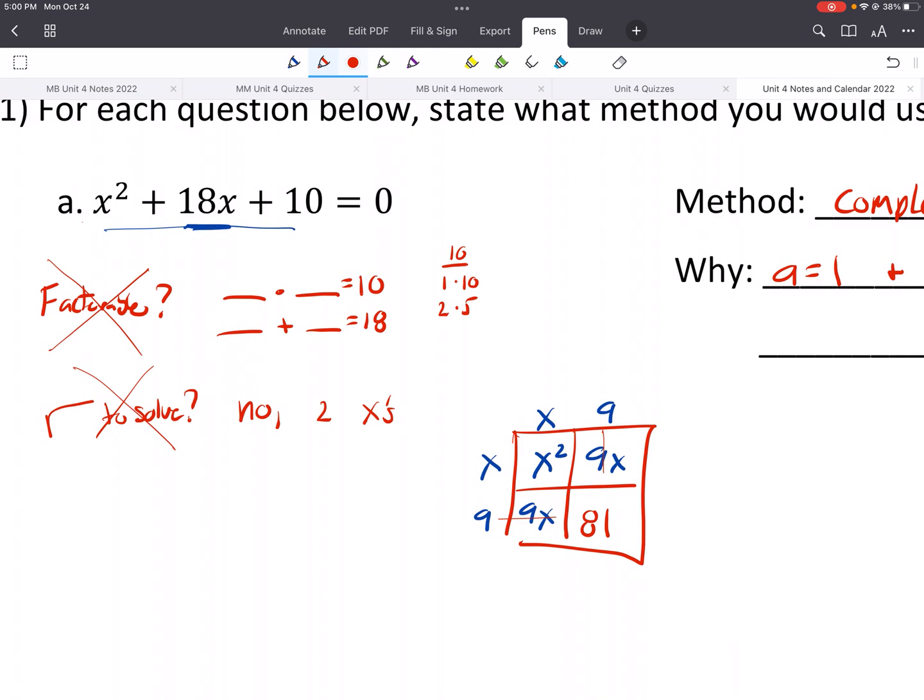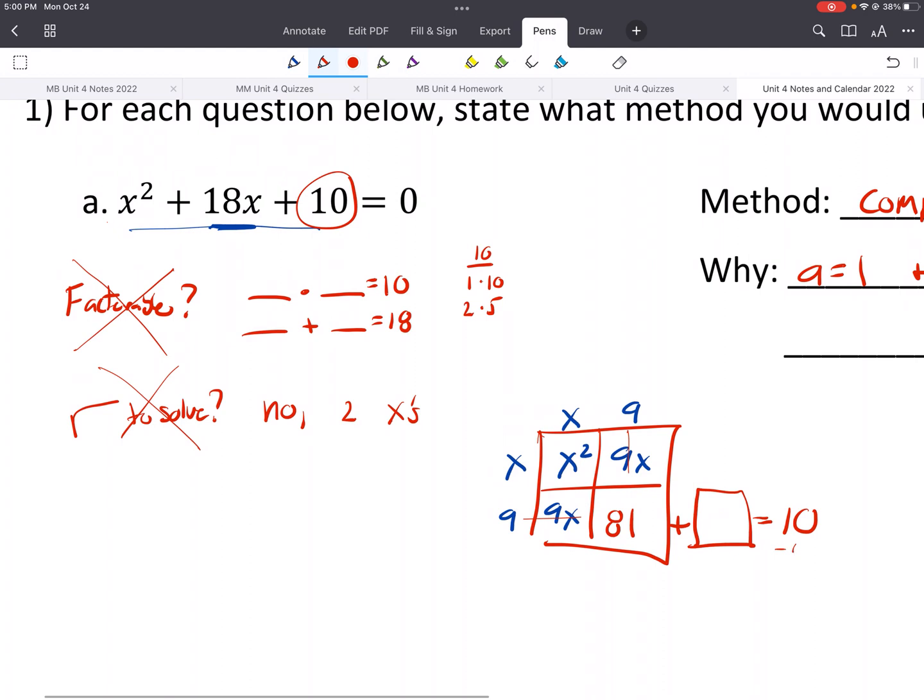But we don't need 81, we need 10, so we need to add or subtract something to give us 10. One way to do that is to subtract what completes the square, so subtract 81. We go 10 minus 81, and we get negative 71.